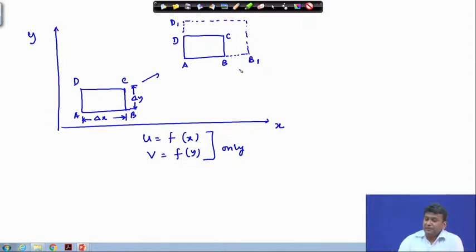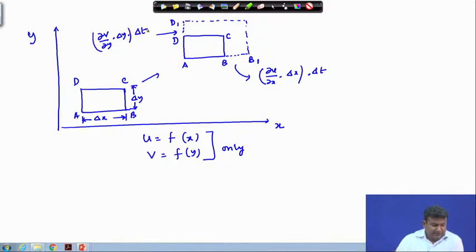So, what is the dimension of this particular segment? This particular segment turns out to be delta t, and the segment d1 is dv dy into delta y into delta t.